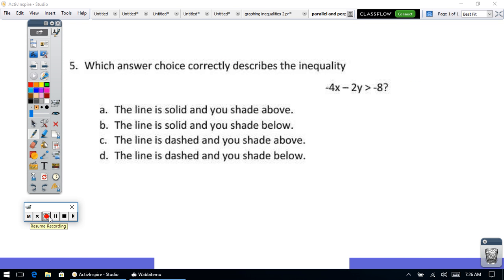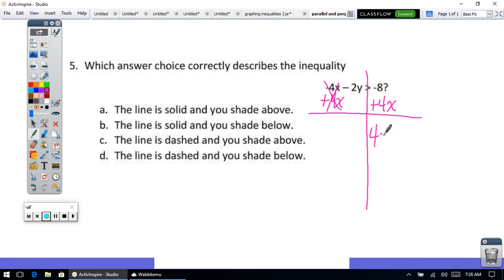And 5, which answer choice correctly describes the inequality? This inequality does not have y by itself, so you have to do the move divide method. So let's do that first. Split it up, move the x term by doing opposites. The opposite of minus 4x is positive 4x. And then do 4x minus 8, bring down the negative 2y.